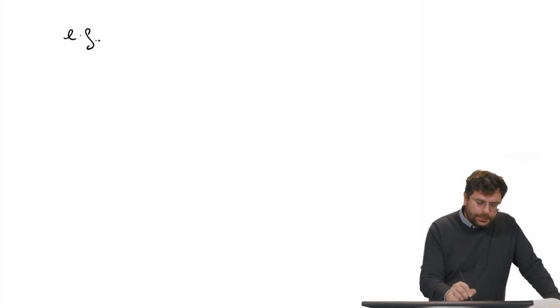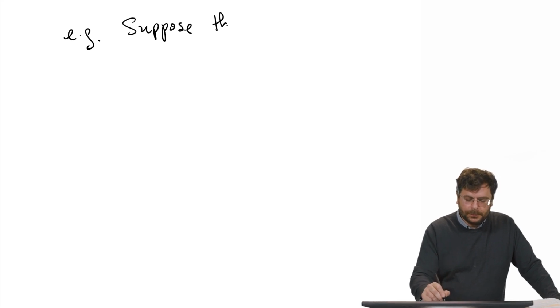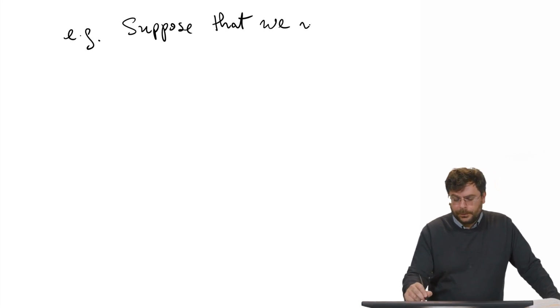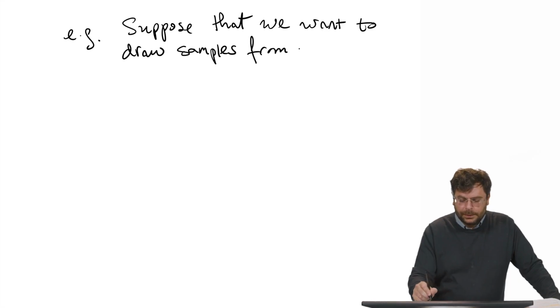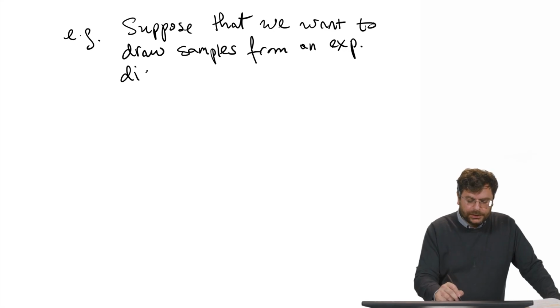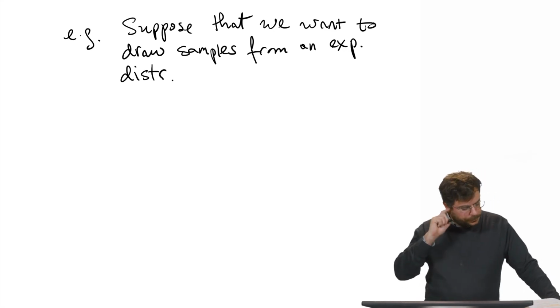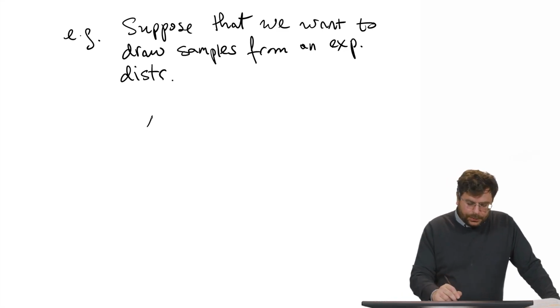Okay, so what is this all going to look like, for example, for drawing samples from an exponential distribution? So let's do an example, and let's suppose that we want to draw samples from an exponential distribution. Okay? So what are we going to have to do?